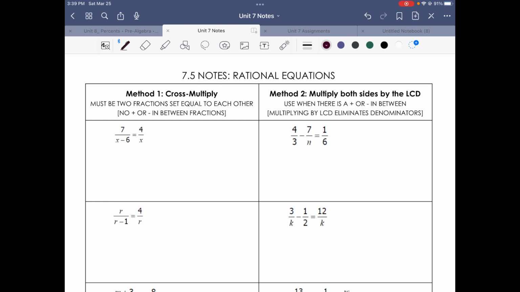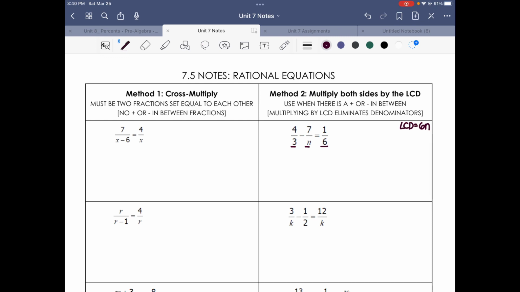All you do is simply look at all three of your denominators and find something that they can all multiply to get to. So in this case, 3 already goes into 6, and then the other denominator is an n. So my least common denominator, actually I'm going to write it in the other corner, is going to be 6n.